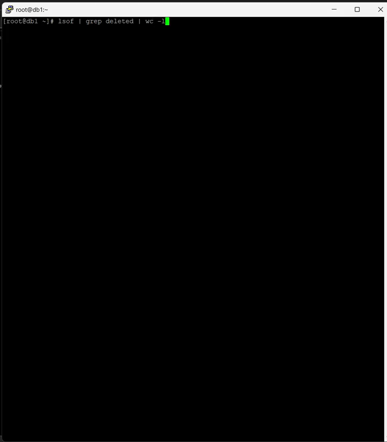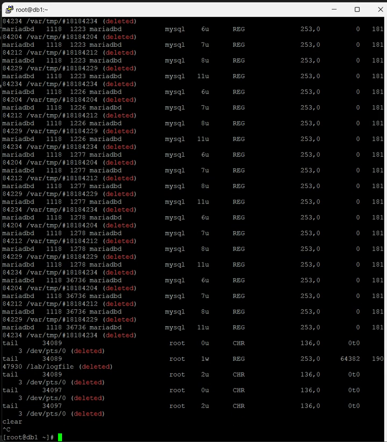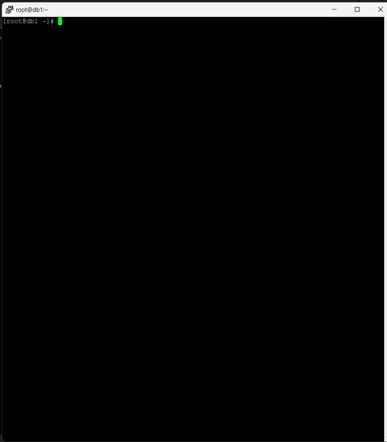First we see how many deleted files are being held by the process. This command gives us the total number of deleted files being held by the process. Then we can see the list of the files. These files are being held by the process, so this also causes space issues.